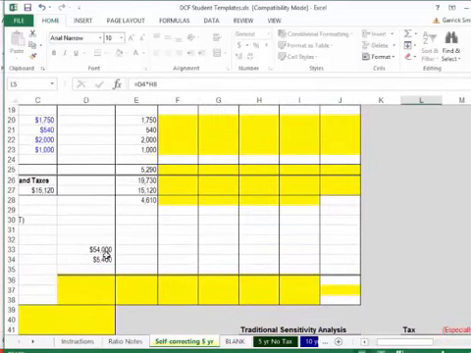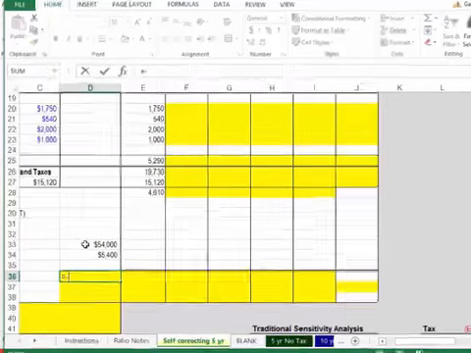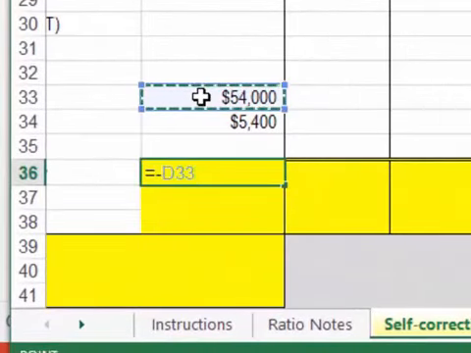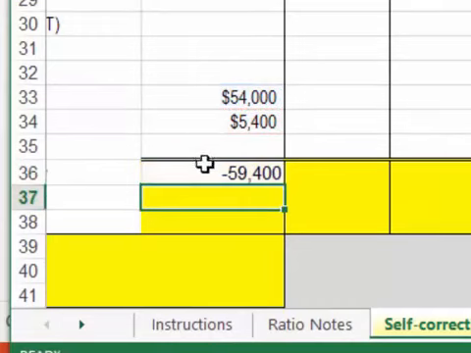I've also paid out $5,400 in purchase fees, which means that my total costs to purchase the property equal, now the $54,000 is going out of my pocket, so I'll put it as a negative value. And as well as that, there's another negative value, so another subtraction of the $5,400 gives me minus $59,400.